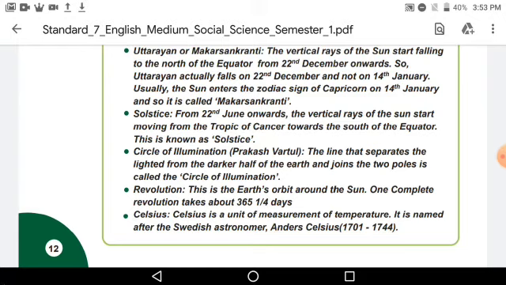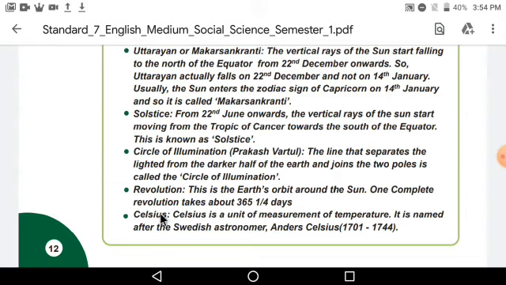We add one day to our calendar as a leap year. For example, 2012 was a leap year. So we count a leap year after every 4 years. So it takes 365 days, the remaining 6 hours are kept like that, and after 4 years we add one extra day to our calendar, which is called a leap year.